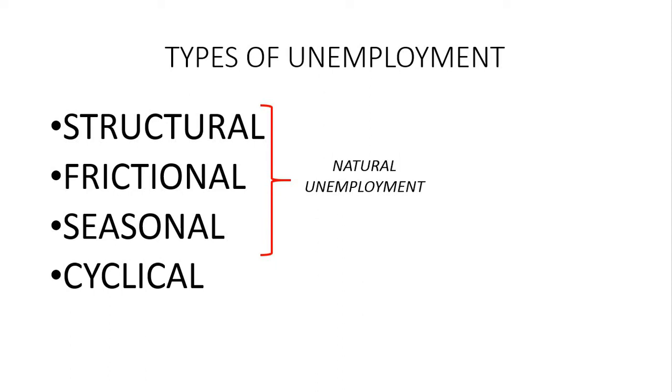So for instance, if there are a lot of low-skilled workers, but firms would like to employ high-skilled workers, then we deal with structural unemployment. So those low-skilled workers will remain unemployed because they do not have enough skills and knowledge to be employed.